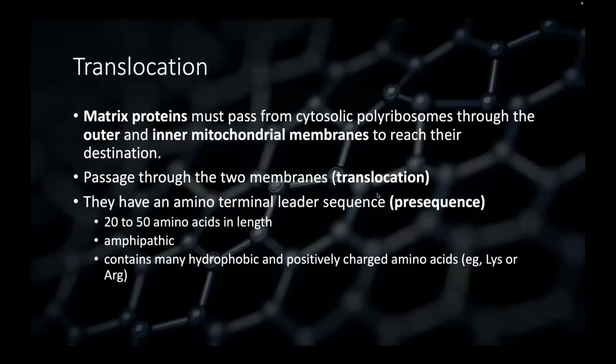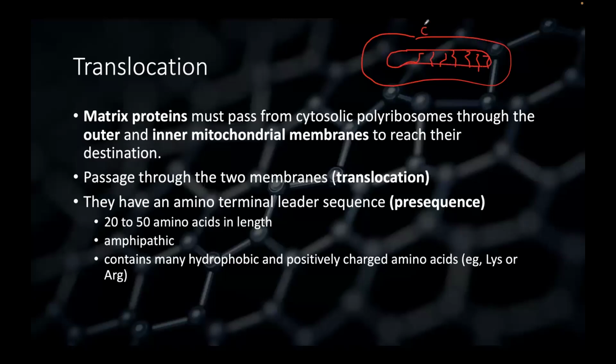Now, another process in the sorting and transport of proteins is what we call translocation. When we say translocation, this refers to the passage of proteins from one membrane to another. In this case, it would be the outer and the inner mitochondrial membrane. So let's just say this is the mitochondria. Inside, you have the cristae, the inner mitochondrial membrane in the inner mitochondrial fold.